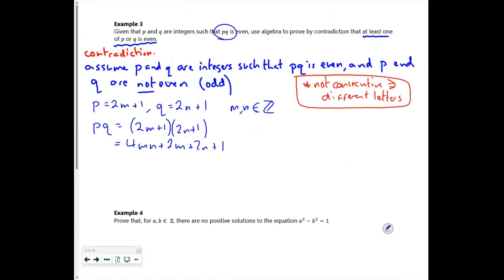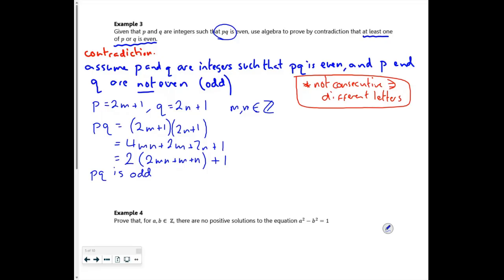So remember, I want to show that this is odd. So I want to do it as 2 lots of something plus 1. So I've got here that PQ is an odd number.